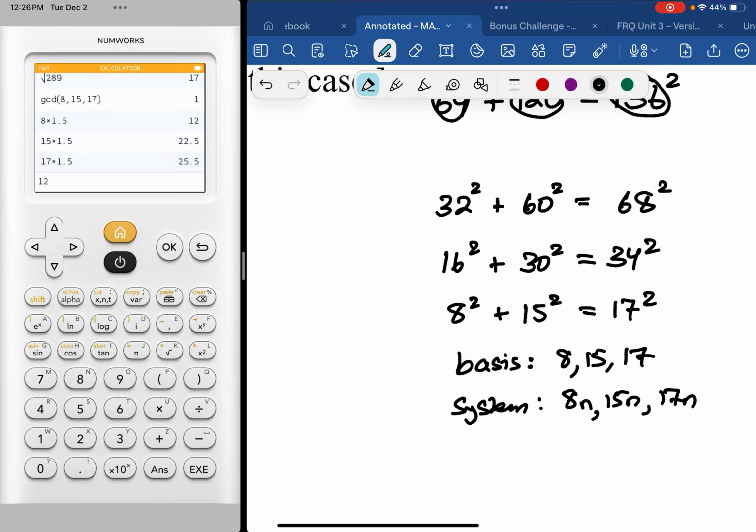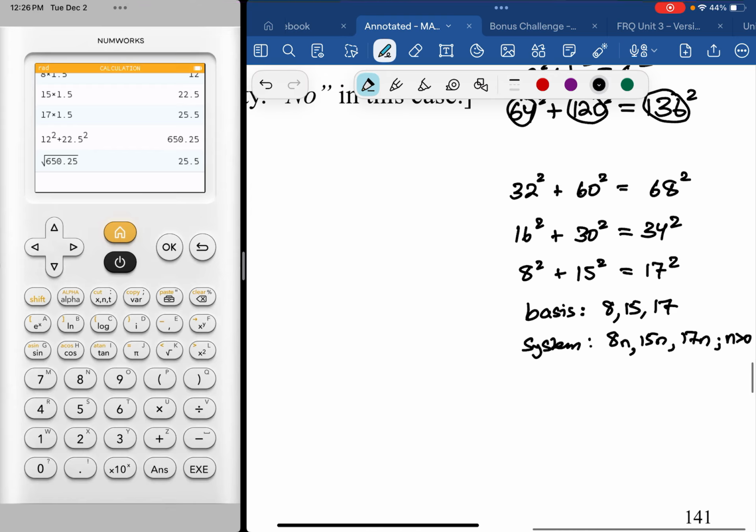So 12 squared plus 22.5 squared, square root, and you get 25.5. So we would just need n to be some value that's greater than 0. I would just make a little note that n has to be greater than 0.